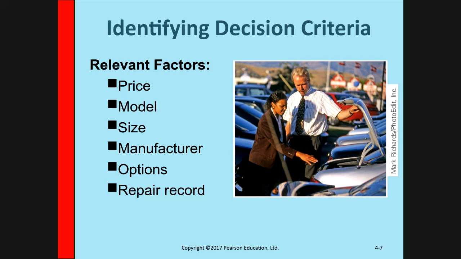It might be price, might be cost structure. It can be school location. What else can you think of? Accreditation. And what else?